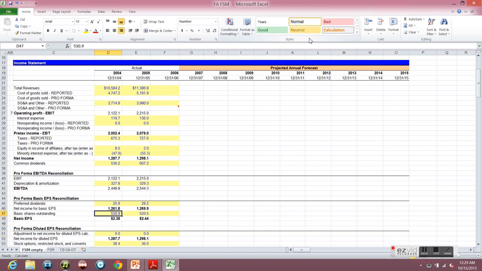Okay, and then we find our basic shares outstanding, which is just the normal amount of shares that they give us in the report. We're going to look for that. And like I said, basic outstanding shares, which means we're not counting into diluted shares or anything like that. Basic EPS.